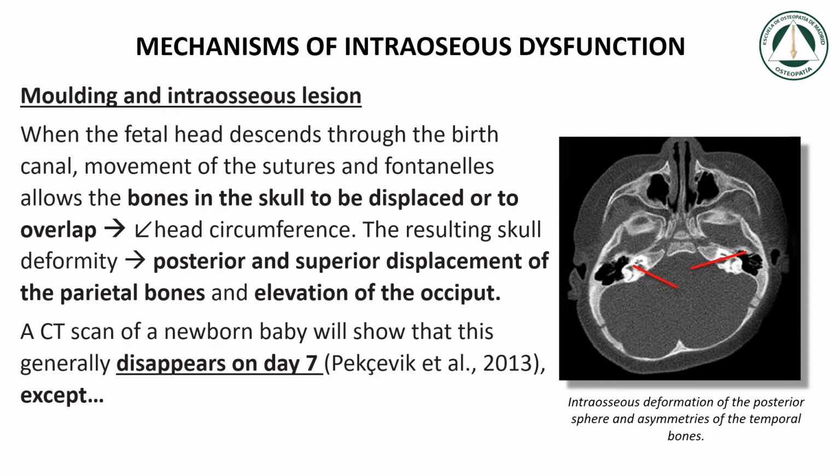The resulting skull deformity included posterior and superior displacement of the parietal bones and elevation of the occiput. A CT scan of a newborn baby will show that this generally disappears on day 7, except if it does not disappear. The picture on the right shows an intraosseous deformation of the posterior cranial sphere, and asymmetry of the temporal bones.